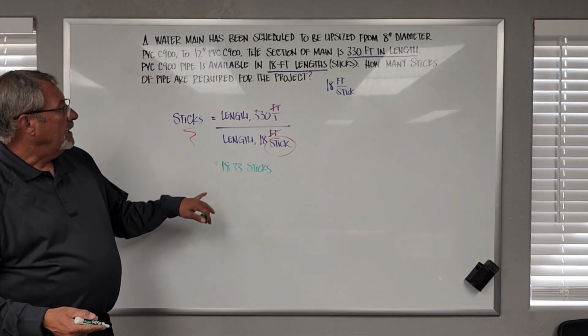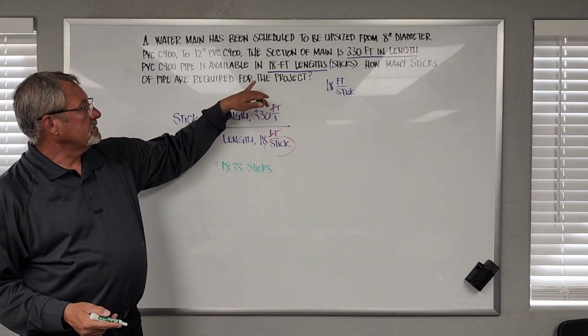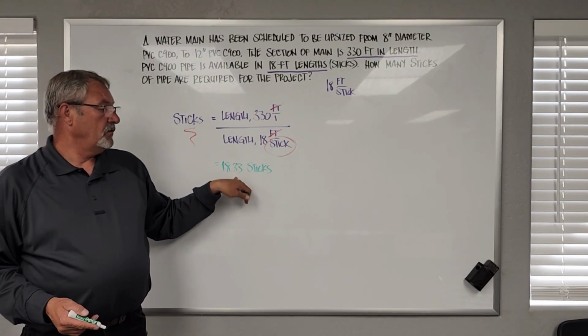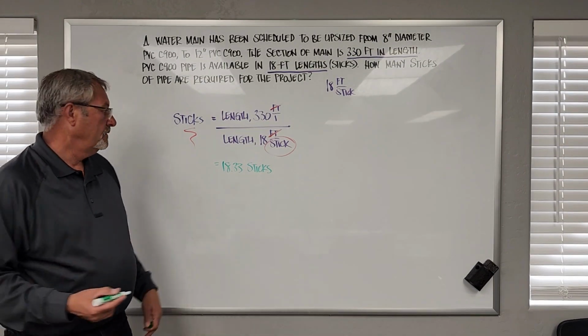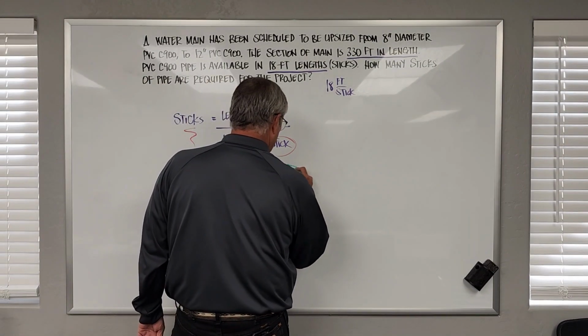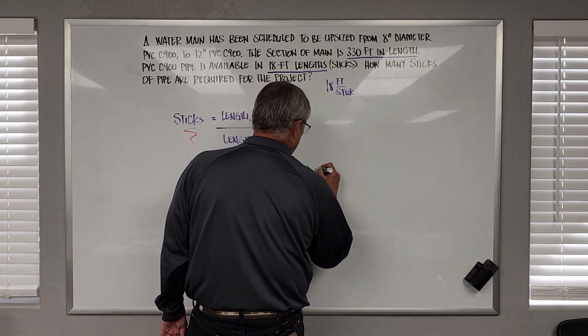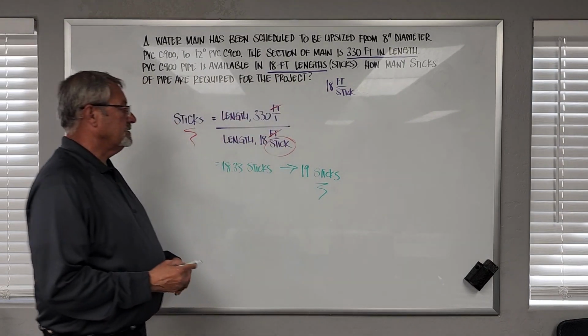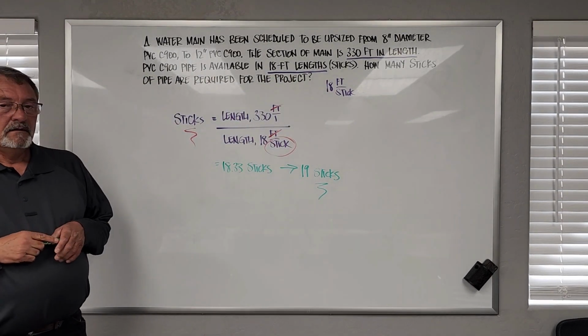Now, as we've said, we can purchase these sticks in 18-foot lengths. Can I purchase 18.33 sticks? No. I'm going to have to convert that to 19 sticks. 19 sticks would be the correct answer.